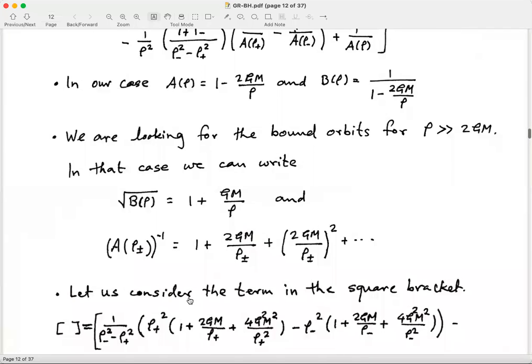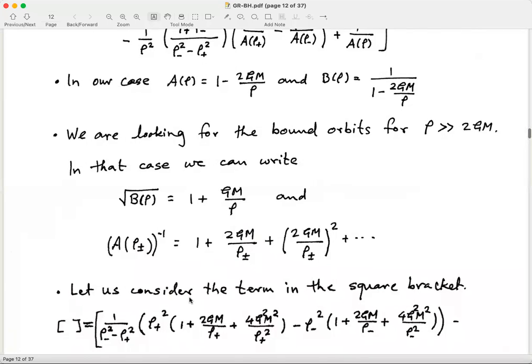Is that fine? Yes, sir. My only point was that rho is even bigger than the size of the planet. You mean the size of the star? Yeah, star. Certainly, rho is bigger than the size of the star.